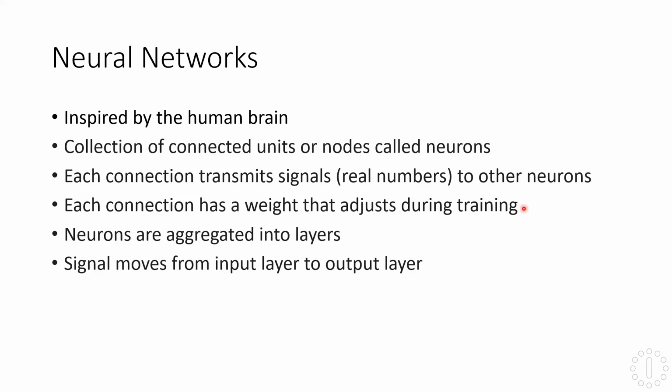One part of this transformation of the transmitted signal, or the real number, also includes the weight of the connection between the nodes. This weight adjusts during training, and these weights are actually the parameters that we need to learn when we're training the neural network.